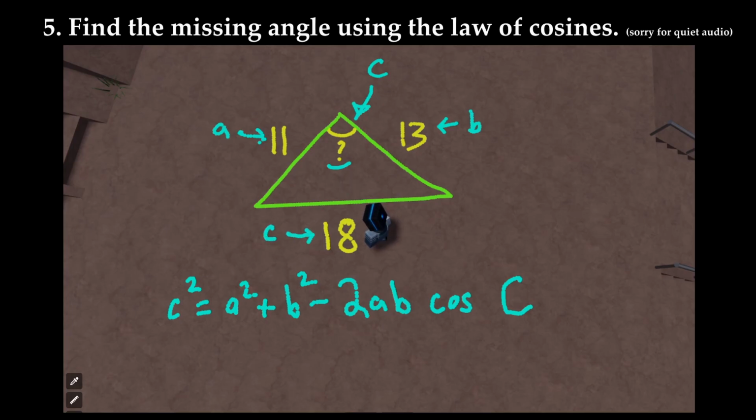Now just plug in these numbers and let's solve for the angle. C squared is 18 squared. A squared is 11 squared. B squared is 13 squared.